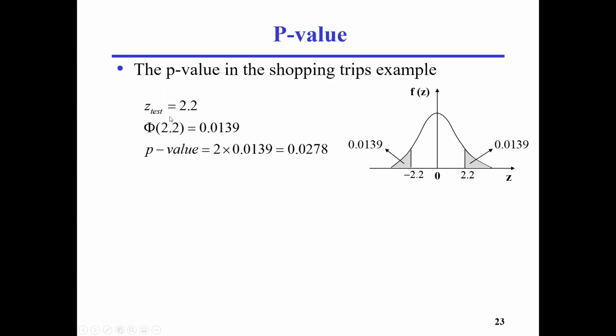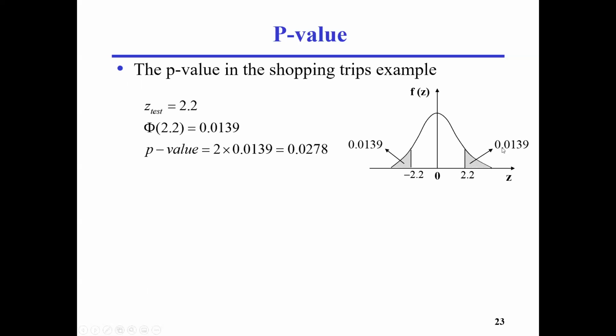So for a specific example, the p-value in the shopping trips example: the z-test value is 2.2, right? According to this z-test value, the phi value is 0.0139. It is actually the size of the shaded area on one side of this graph. And if you're looking at the graph provided above table A2, you will see that this arrow actually points to P, right?